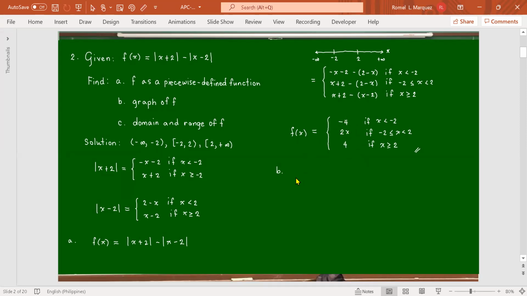For the graph of f, y equals negative 4 is a horizontal line for x less than negative 2. Horizontal line. Okay, guys?